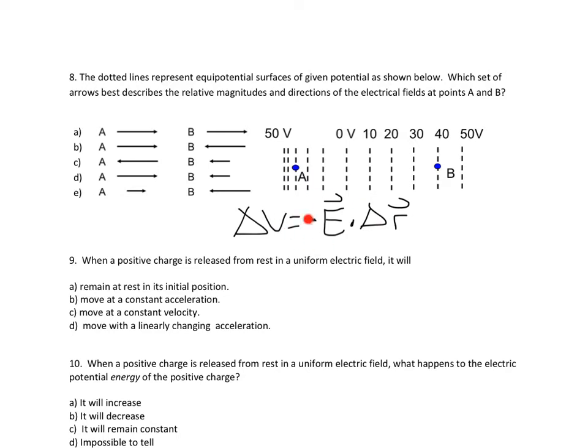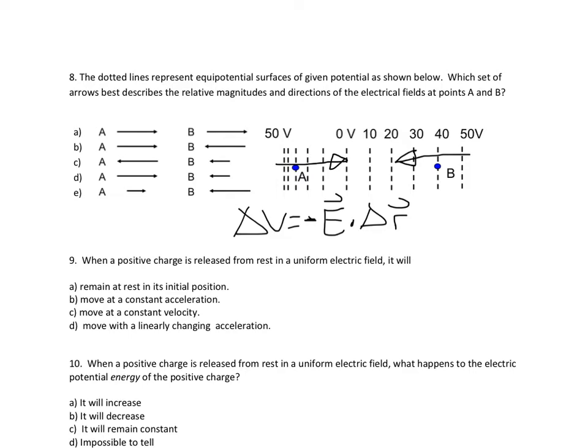Remember that this negative sign here implies that the electric field points in the direction of decreasing potential. So let's look at case B, for example. Here we see the potential is decreasing to the left, so the electric field points to the left there. And in case A here, we see that the potential is decreasing to the right, so the electric field must point to the right there.